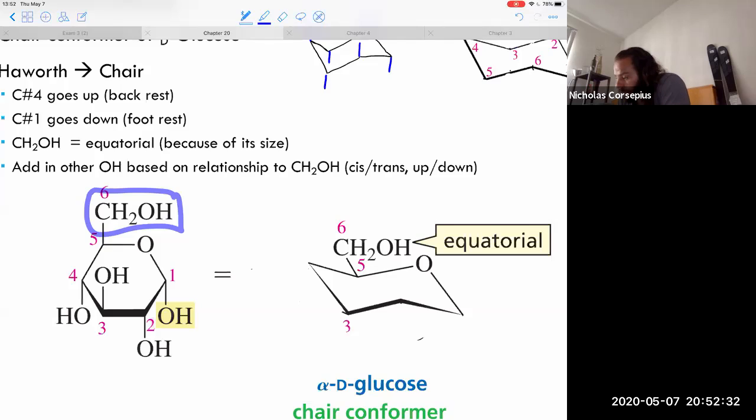Okay. So then we're just going to go to every other carbon. Right, so now let's look at what happens with carbon 4.